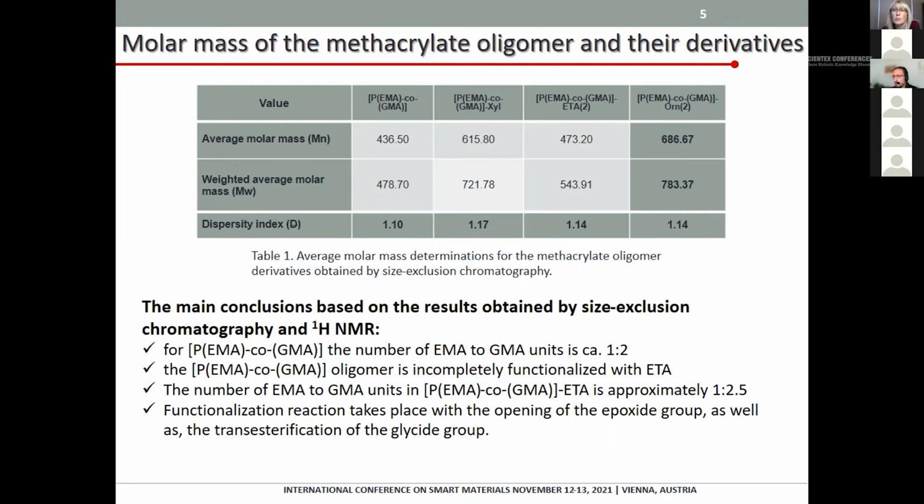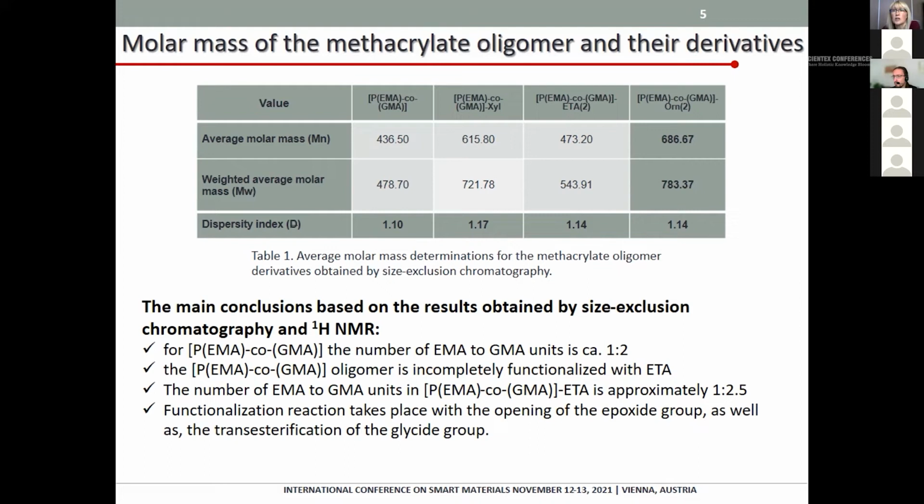Based on the results obtained by size exclusion chromatography and 1H NMR spectra, the main conclusions can be made as follows. First, for the co-oligomer, the ratio of EMA to GMA units is about 1 to 2.